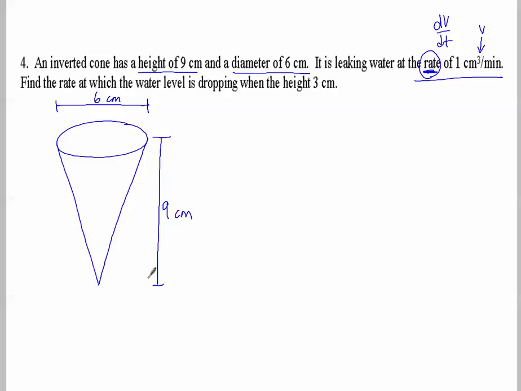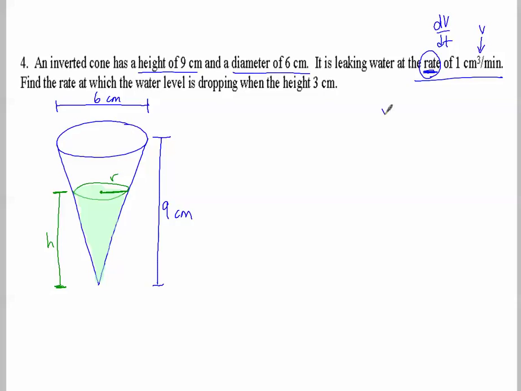So the cone always is the same, but the water that's inside the cone, that's a different story. The water inside the cone is another cone of water that has a height that's changing. Let's call it h for height. The radius of that cone is also changing, and I'm using radius because the equation for volume is given in terms of radius and height.